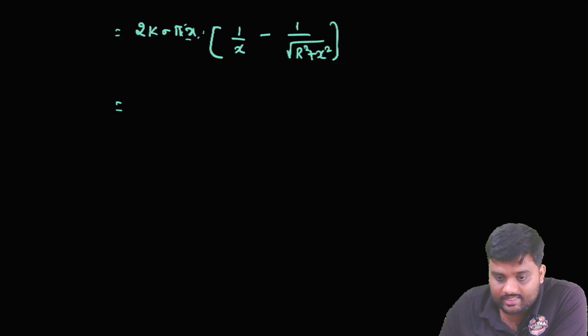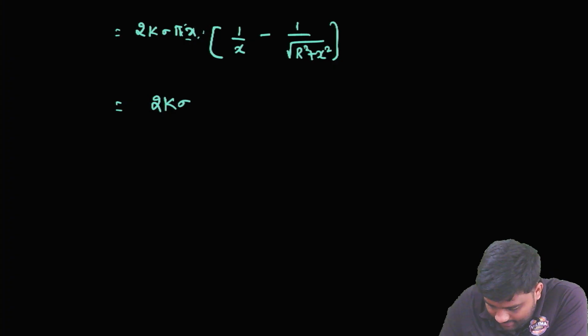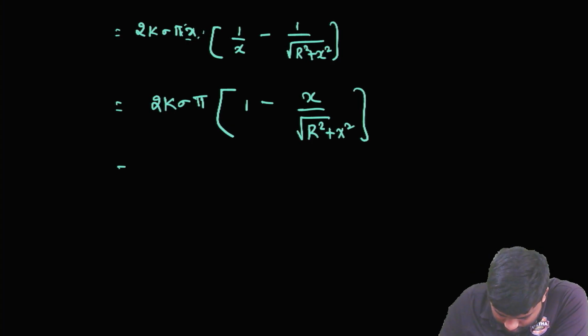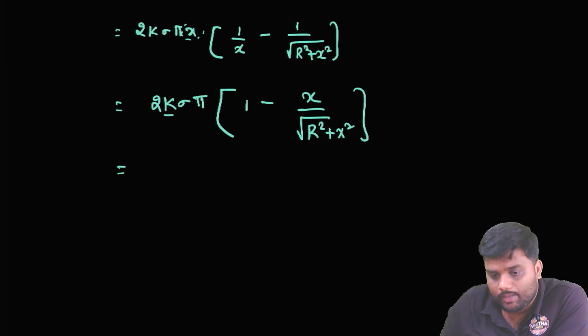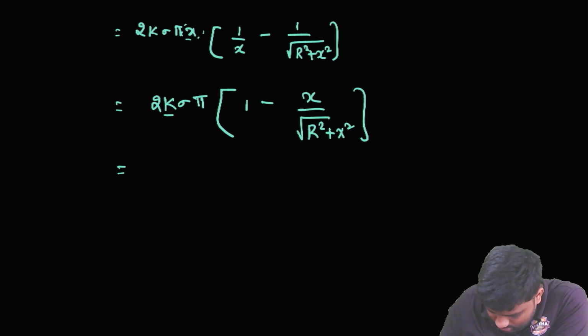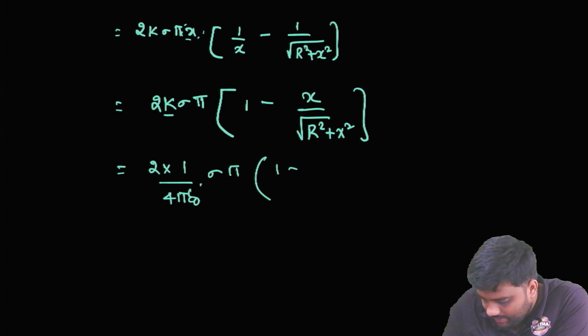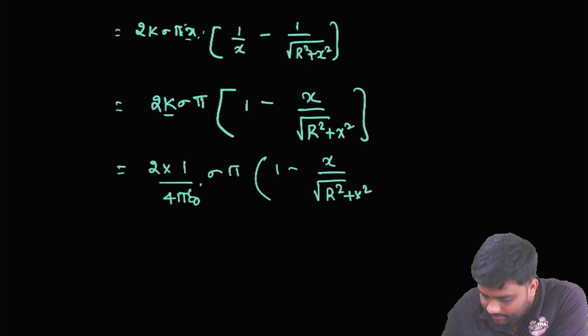If I send that x inside, I'll get 2k sigma pi x, 2k pi sigma pi 1 minus x upon under root r square plus x square. That means if I put all the values, what is the value of this k? 1 by 4 pi epsilon naught. That means 2 into 1 by 4 pi epsilon naught sigma into pi 1 minus x upon under root r square plus x square.